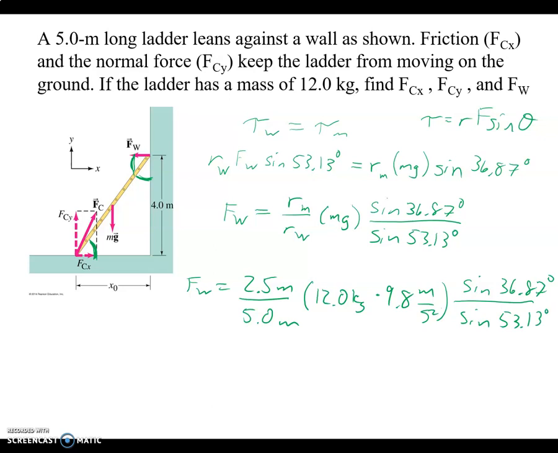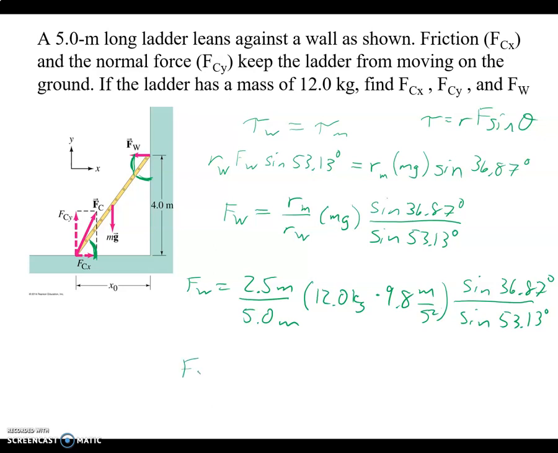So plugging this into the calculator, 2.5 divided by 5, multiply that result by 12 times 9.8. Then I have to multiply that by sine of 36.87 divided by the sine of 53.13.